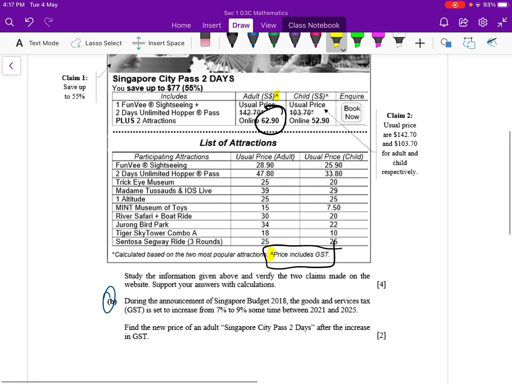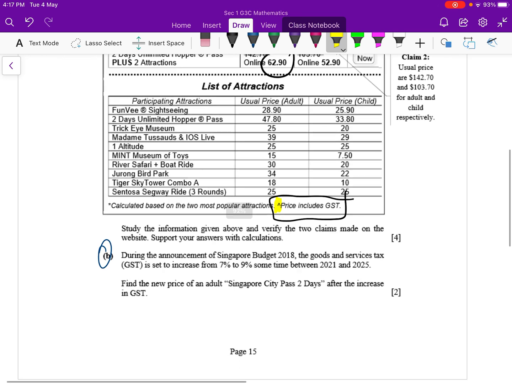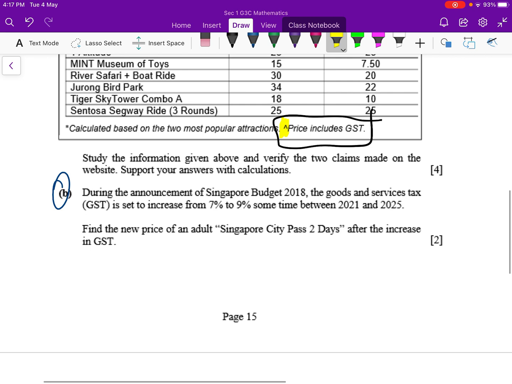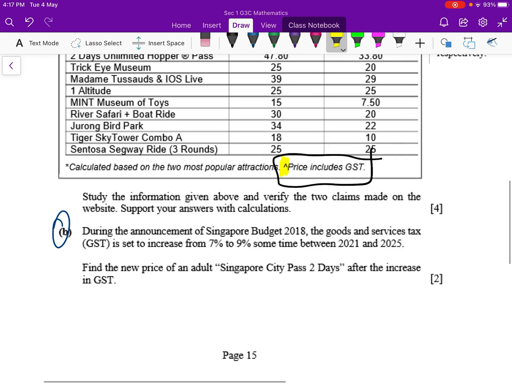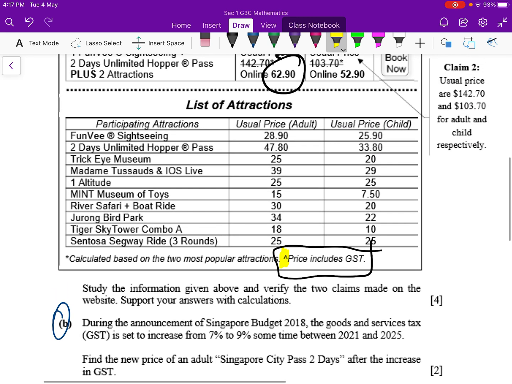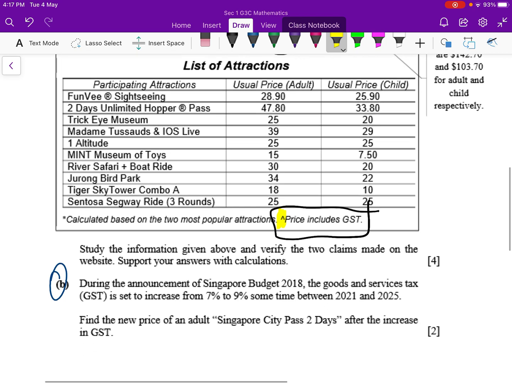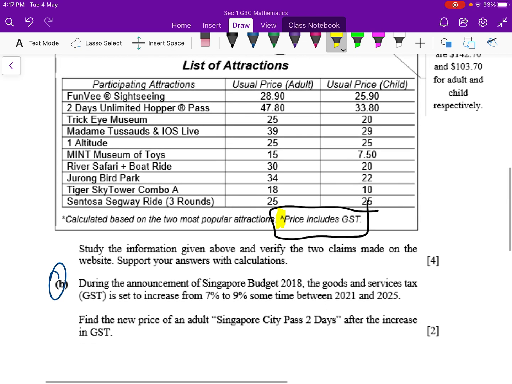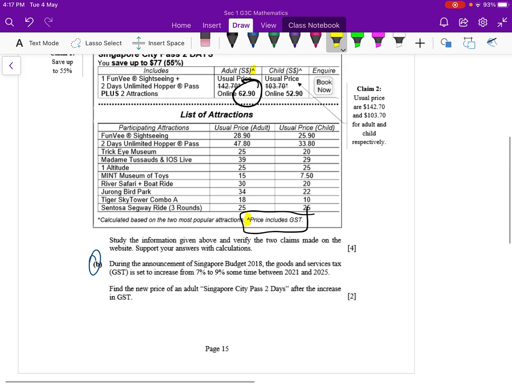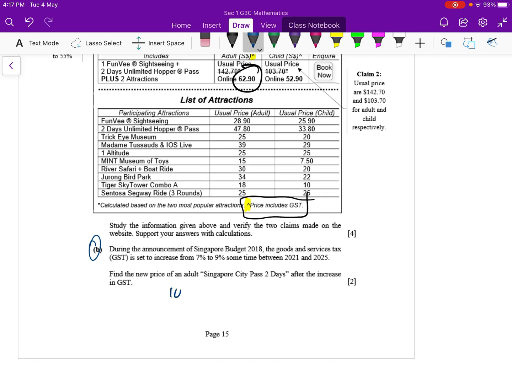Okay, so this 62.90 includes GST of 7%, which means that the original 100%, we don't know yet, but I do know that 107% refers to 62.9. The question is asking, what is the new price? So meaning 109%. What does it represent now? With that understanding, we can write down our expression. 107% represents 62.90.